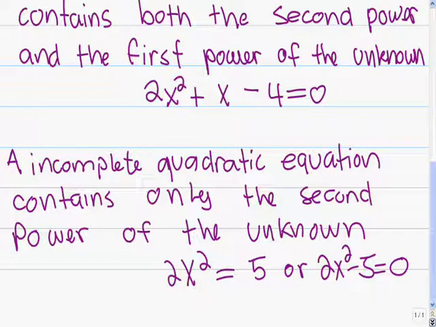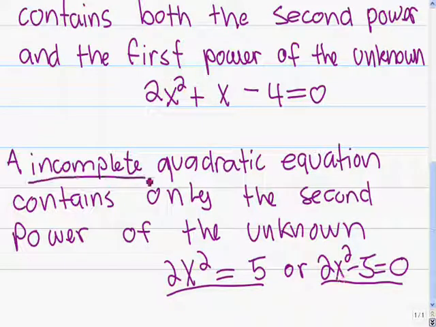So these are both examples of an incomplete quadratic equation, because although this equation has two terms, the second term is not a variable raised to the first power. It's a number. And the only variable that it has is raised to the second power. There's no variable raised to the first power. That's why it's an incomplete quadratic equation.